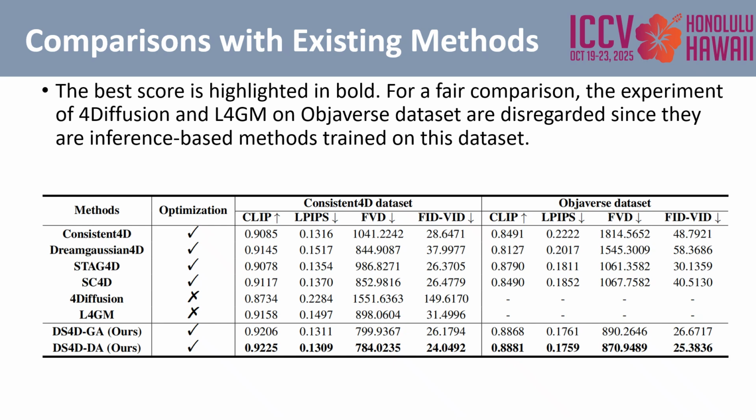Following Consistent4D and STAG4D, we measure the 4D generation quality of our methods using CLIP, LPIPS, FVD, and FID-VID. The quantitative results are shown in the table. Our methods DS4D-GA and DS4D-DA consistently outperform other methods in all metrics.